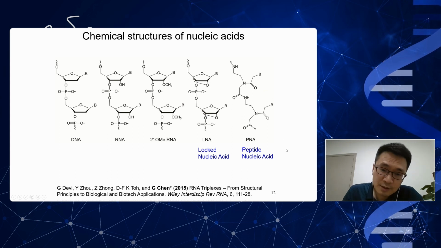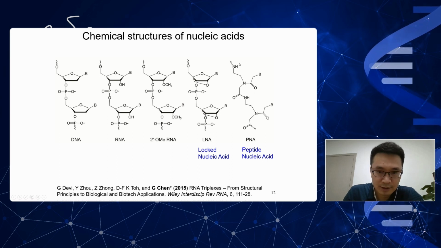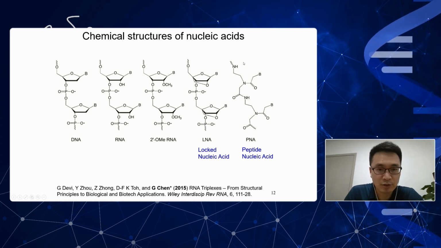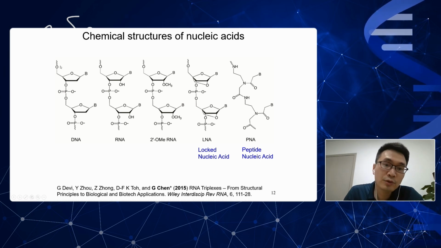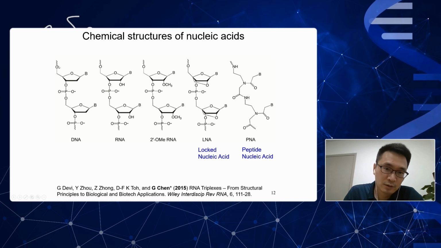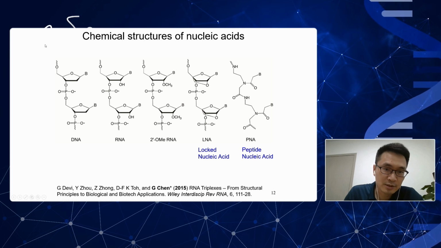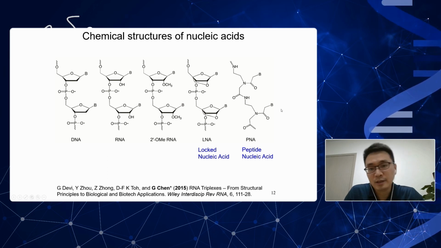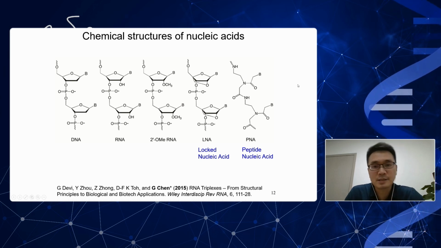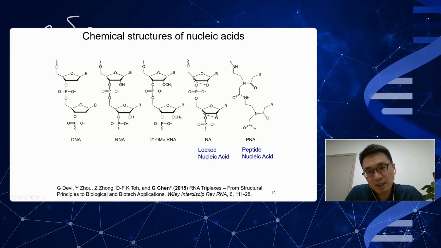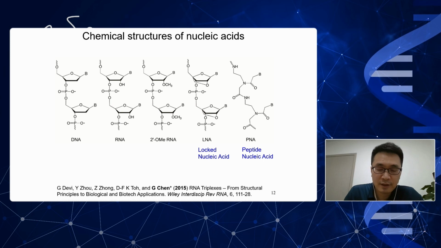When you look at this PNA molecule, you can see that for each unit, you have the same number of atoms as the normal DNA or RNA. For 1 unit of DNA, you have 1, 2, 3, 4, 5, 6 atoms in 1 nucleotide. And in PNA, you have also the same number, 1, 2, 3, 4, 5, 6 atoms, although in PNA you don't have a cyclic sugar structure, and all the atoms are very different.